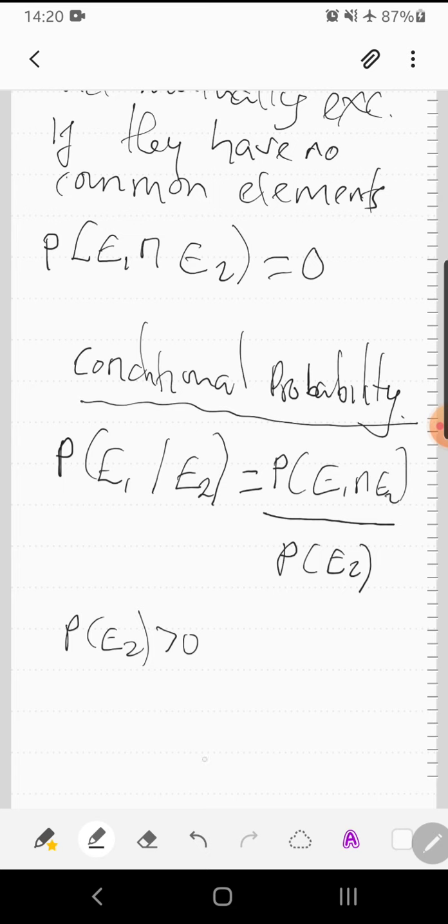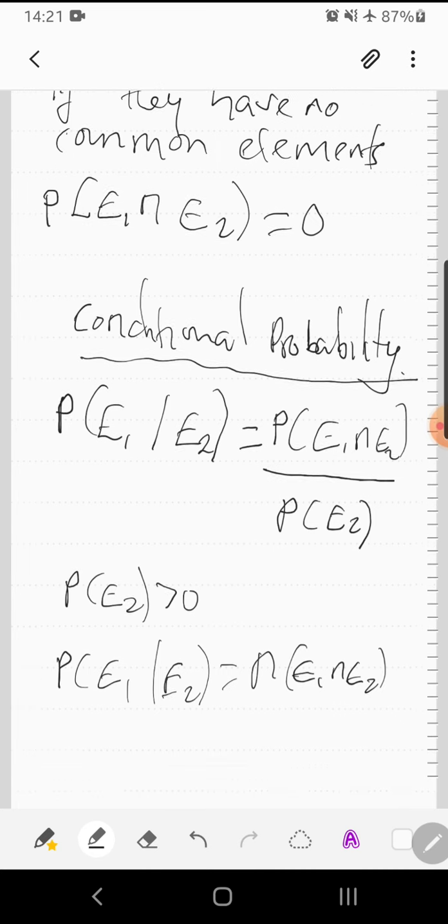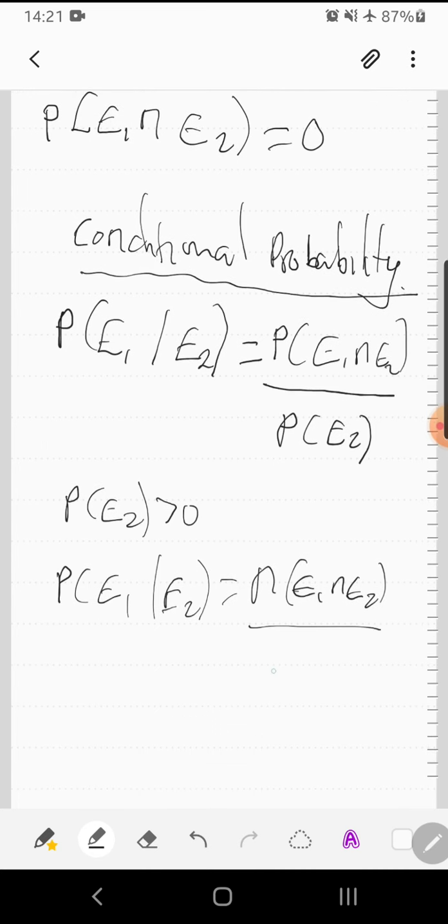We can also say that the probability of E1 given E2 is the number of events in which E1 intersection E2 can occur over the number of events in which E2 can occur. So both formulas give you the same answer.